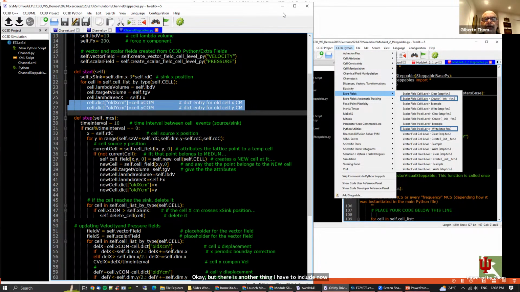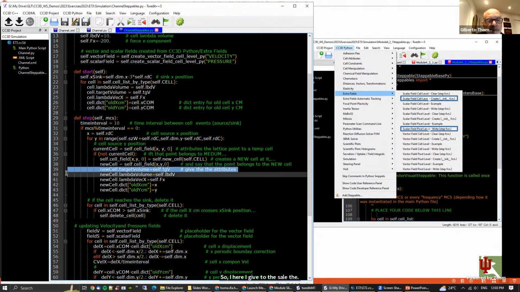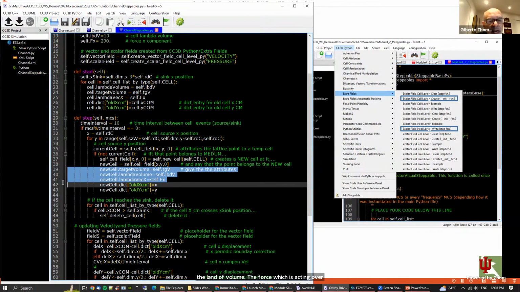But there is another thing I have to include now. Remember, in this simulation we have cells being created at the left end of the grid, in the source part of the grid. And every time I create a new cell, I have to give this new cell the attributes it should have. So here I give the cell the target volume, the lambda volume, the force which is acting over it, and I have to store the initial cell positions.